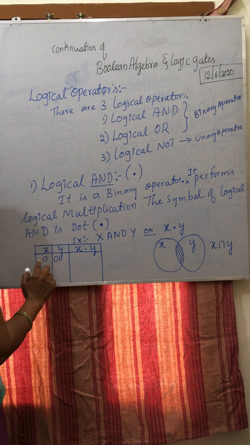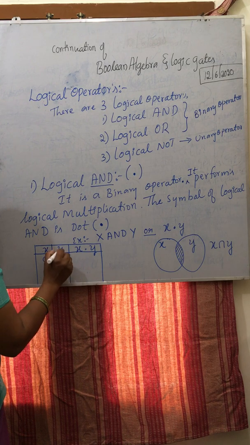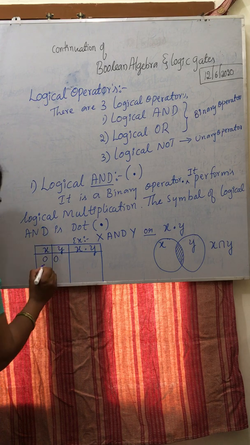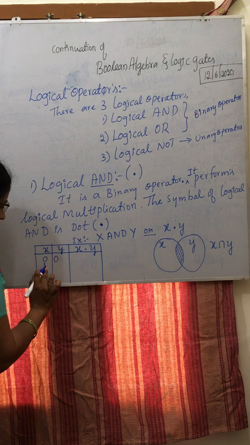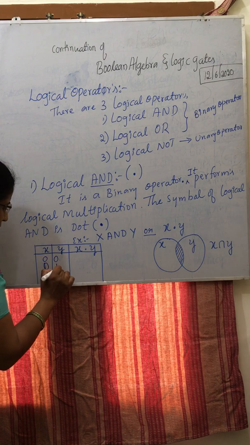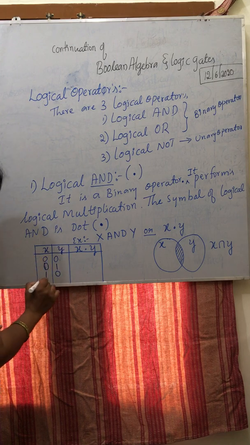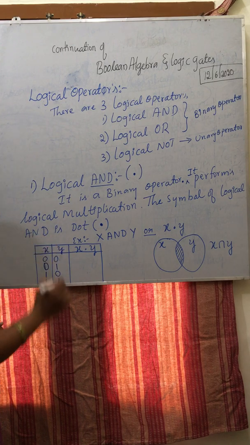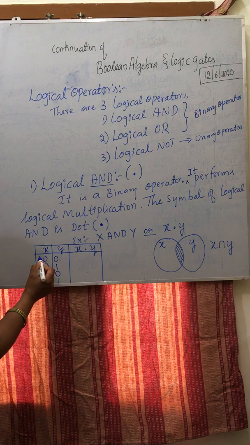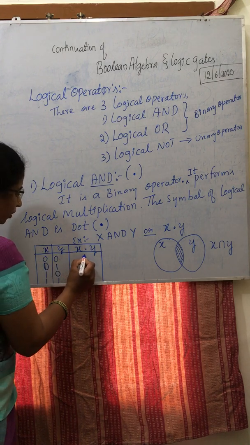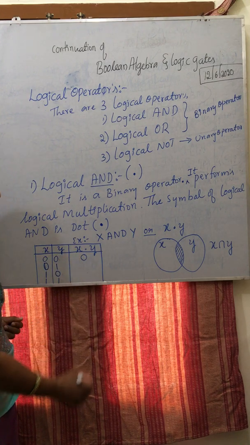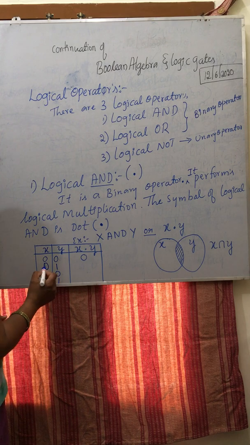0, 0: both may be false. One may be false, one may be true. One may be true, another one may be false. Otherwise, both are true. When both inputs are false, the result is false.